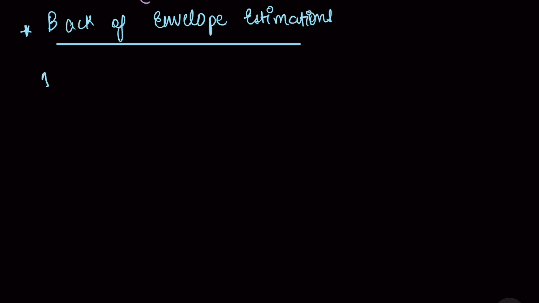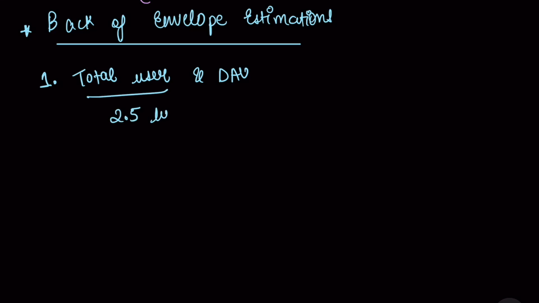So, first of all, we will start with the total number of users that YouTube has and the daily active users. Here we are assuming that the total number of users that YouTube has is 2.5 billion, of course globally, and for daily active users we typically say 35% to 50%.